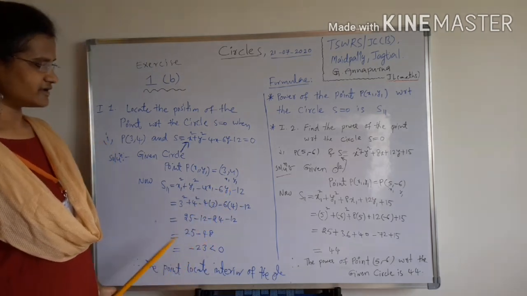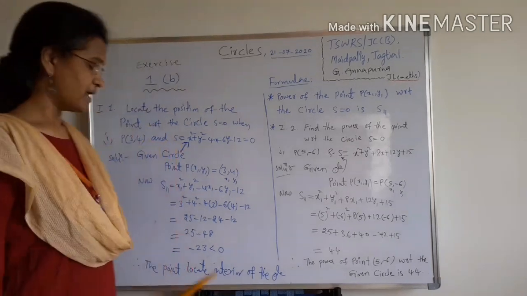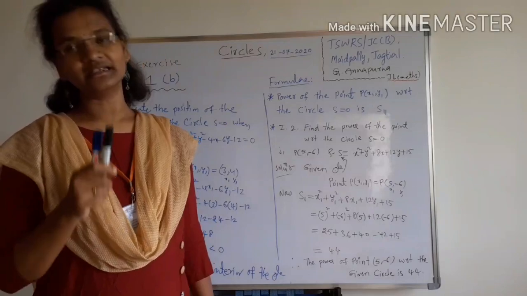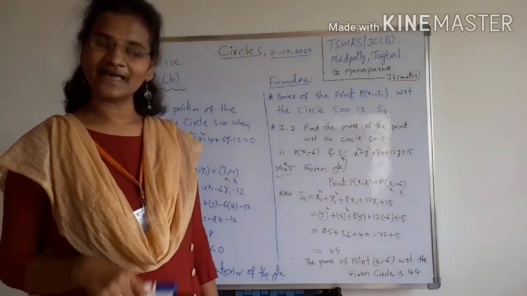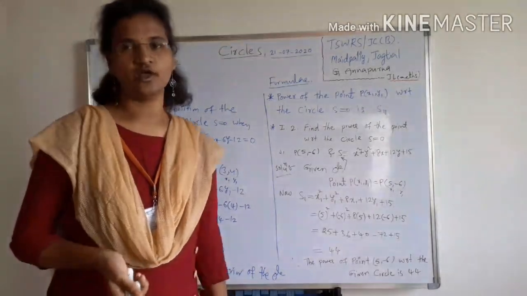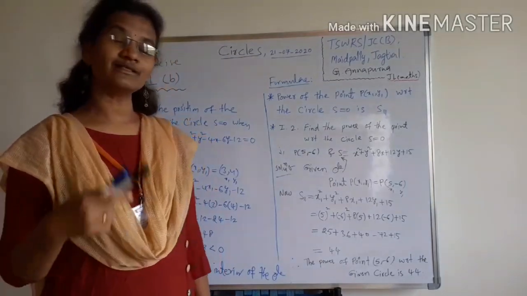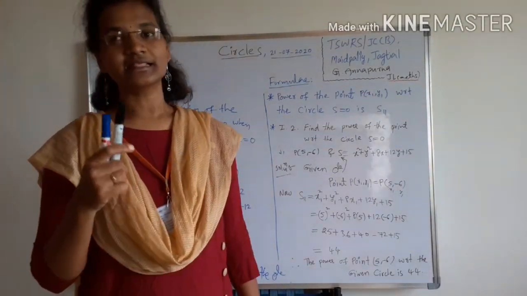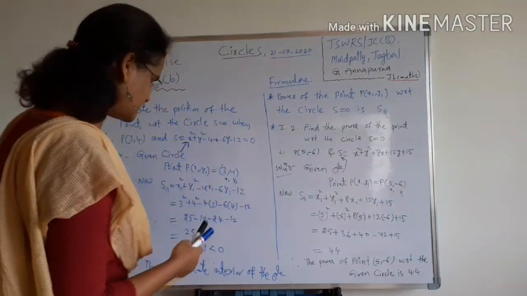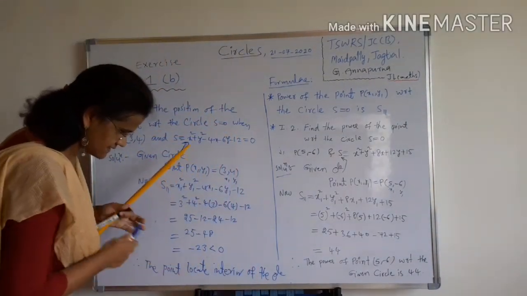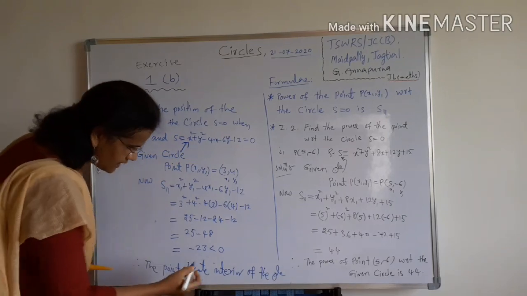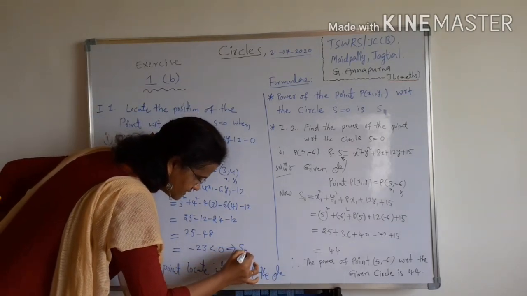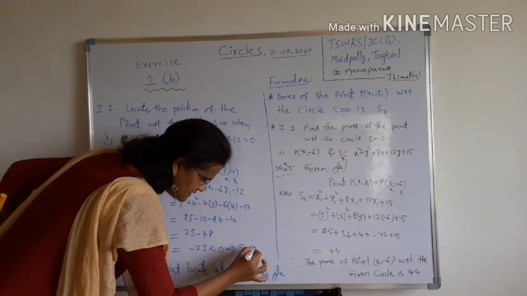So what is our calculation? Finally I got minus 23. That's why I got the negative value. That means the value is less than 0. What is the condition when S11 is less than 0? Here this is S11. That implies S11 less than 0.